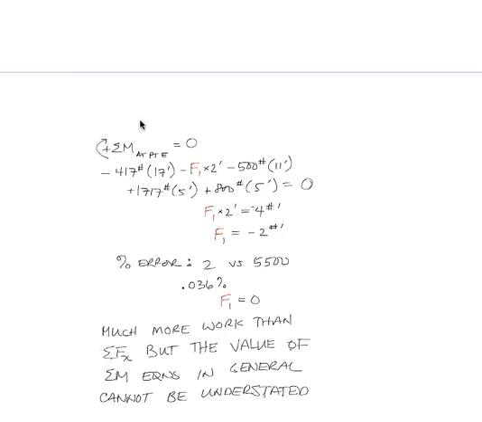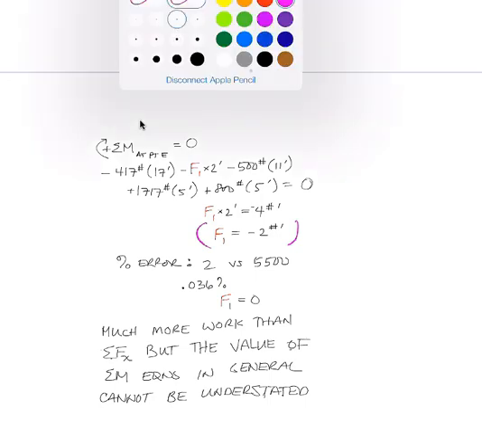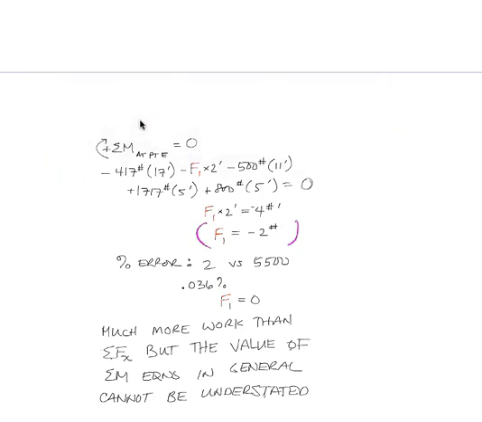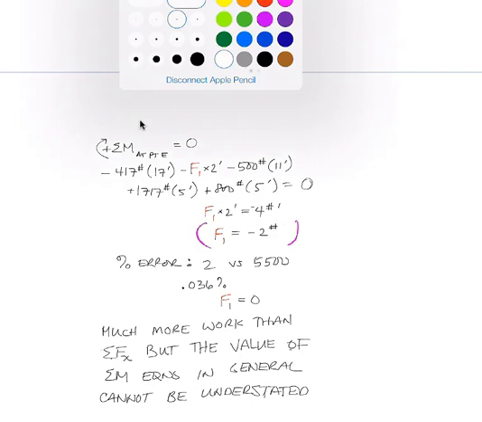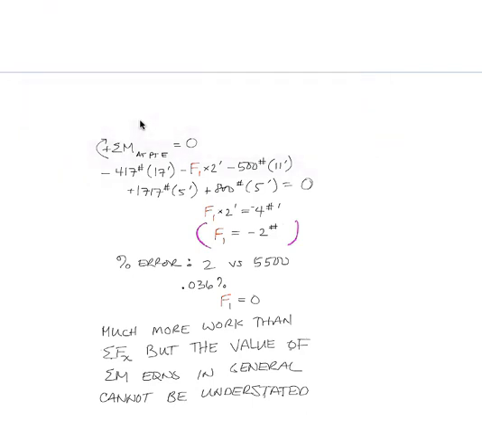So we have a little bit of a contradiction here. We end up finding that F1 is equal to -2 pounds. And in another equation, we ended up finding out that F2 was equal to 0. And so the question is, which one is correct?